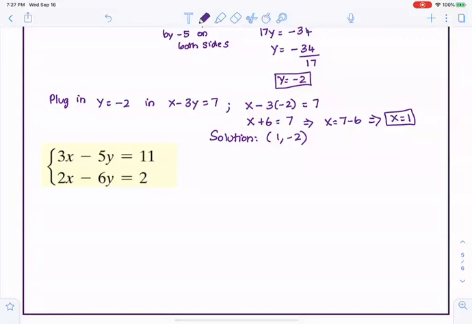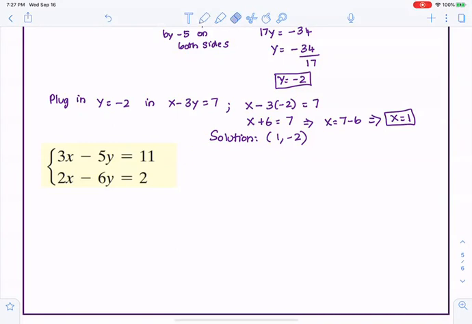So how can I eliminate x? When I add them together, x should just disappear. But that's just not going to happen the way it is right now. If I add the two equations together, 3x plus 2x would be 5x. So x doesn't go away.